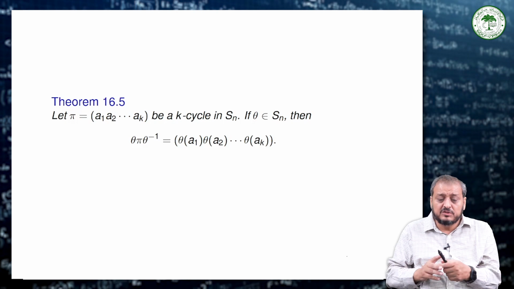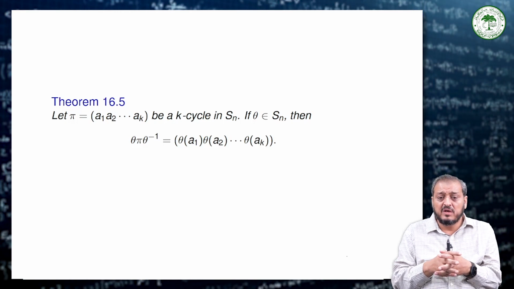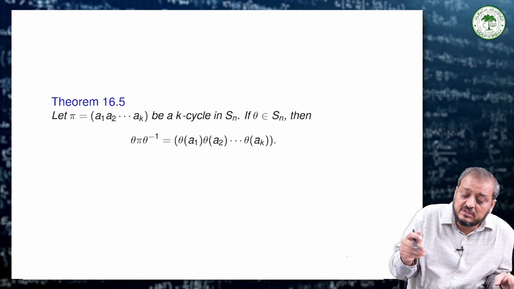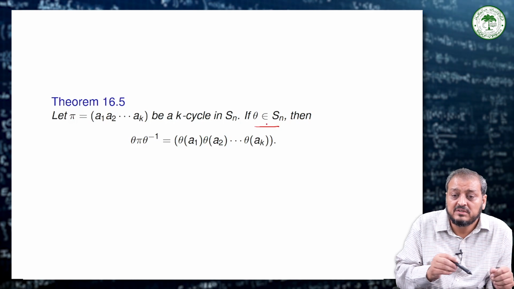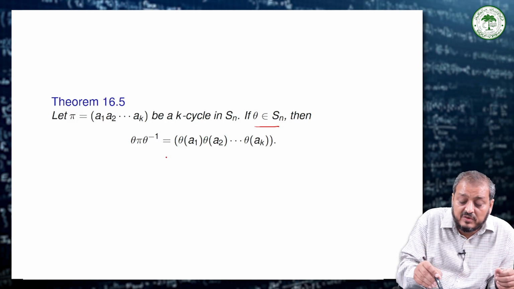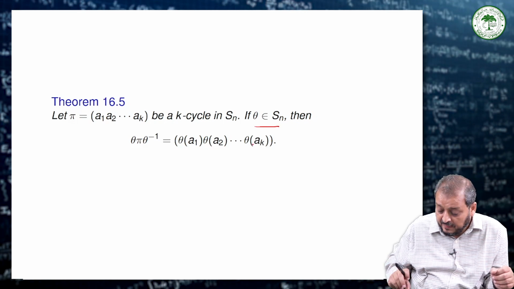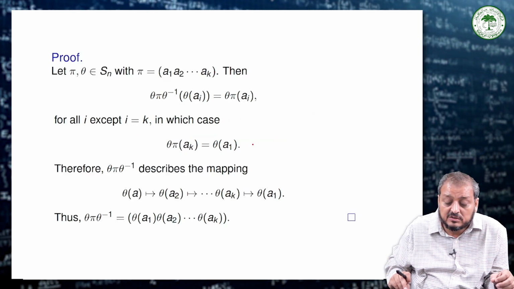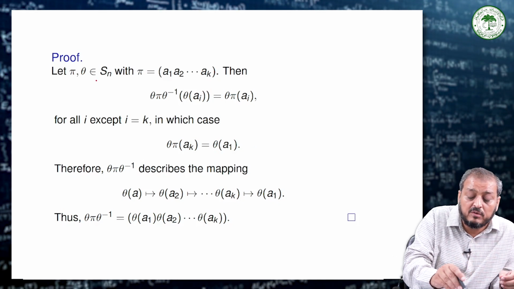This theorem says that if pi is equal to (a1 a2 ... ak), a k-cycle in Sn, and theta is any permutation belonging to Sn, then theta pi theta inverse can be written in the form (theta a1, theta a2, up to theta ak). For the proof, take pi and theta belonging to Sn.